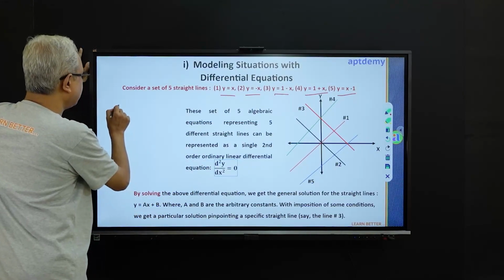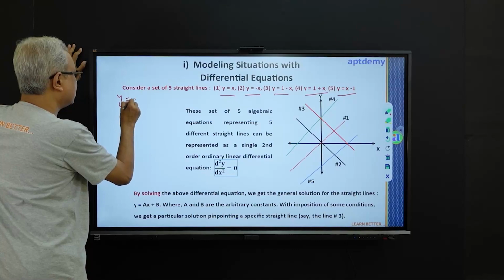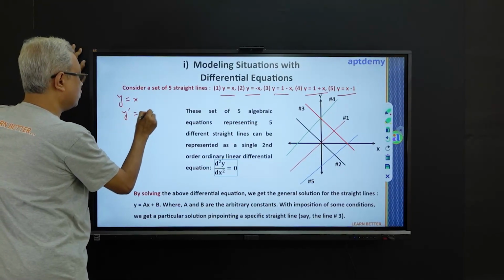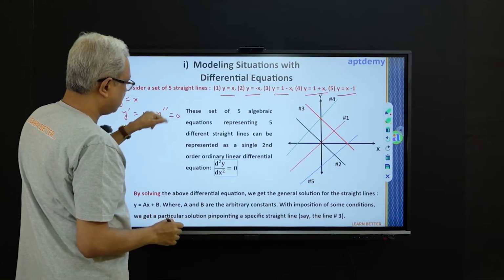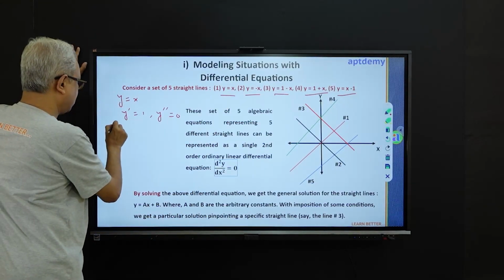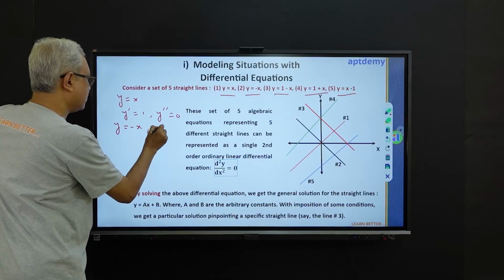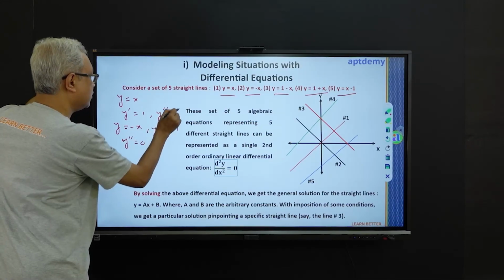Begin with the first one, y equal to x. So y dash is 1, y double dash d2y dx square is 0. Second one, if you take y equal to negative x, y dash is negative 1, y double dash is 0.